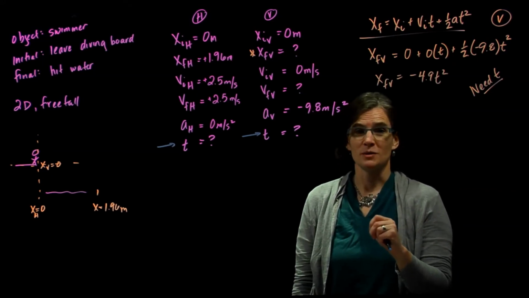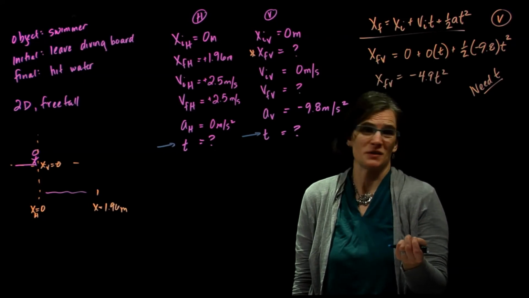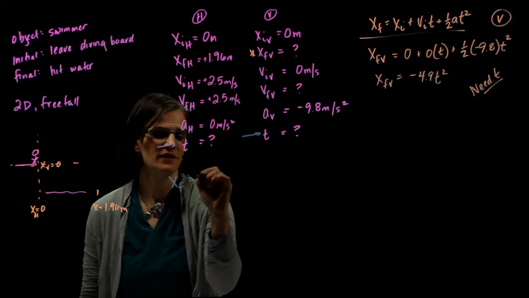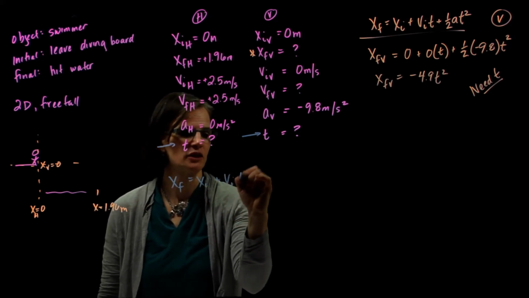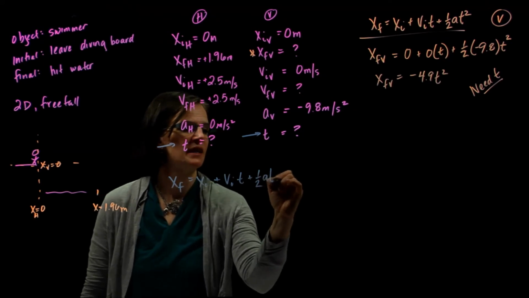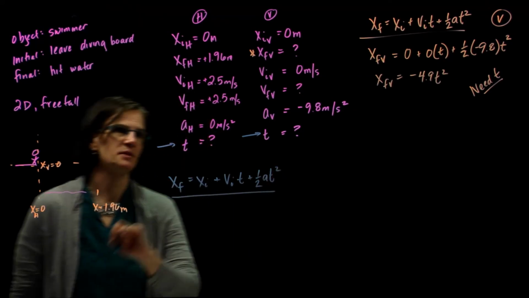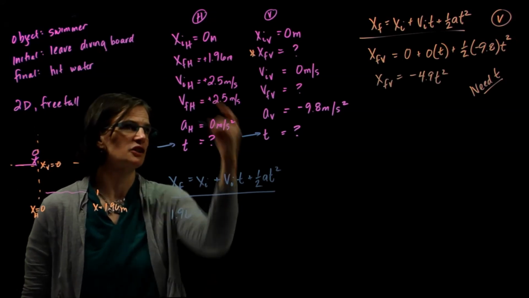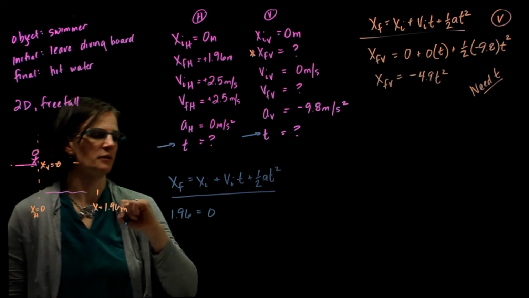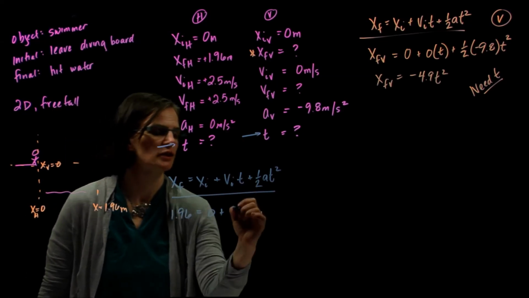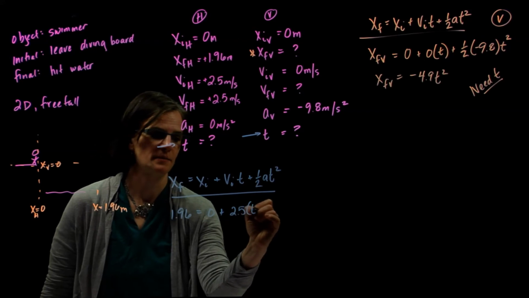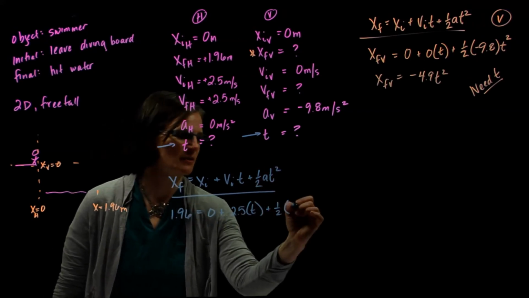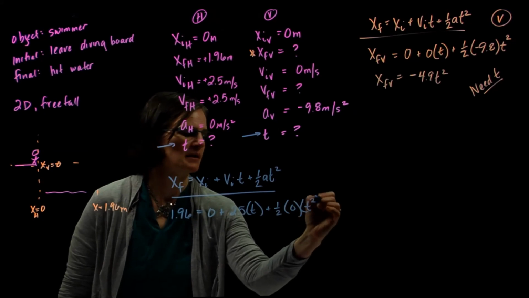What equation do I use? Well, V final is the same as V initial, so that's not going to help me. Let's look at our position. X final, again, is x initial plus V initial times time plus 1/2 acceleration times time squared. X final is 1.96. X initial, well, that was 0 at the start of the diving board, plus V initial, 2.5 times my time t, which is unknown, plus 1/2 acceleration of 0 times my time squared.